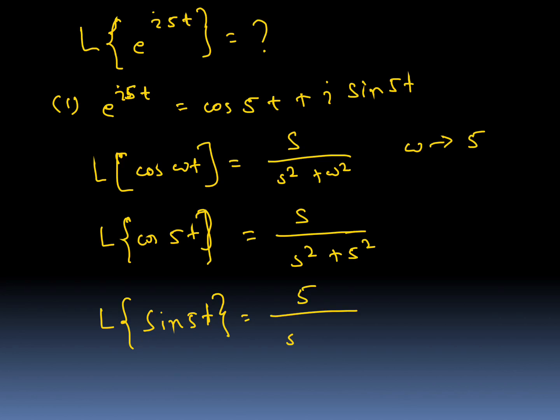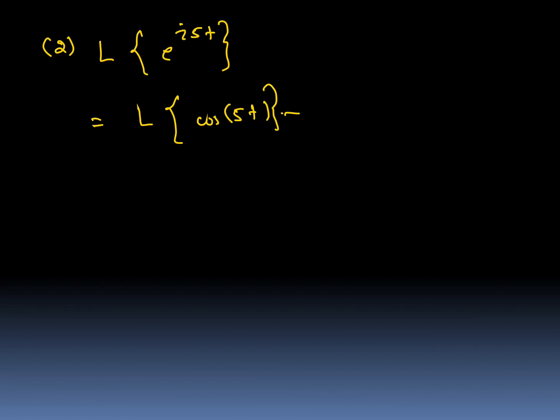So in step 2, Laplace of e to the power i5t is Laplace of cos 5t plus Laplace of i sin 5t, taking i common.